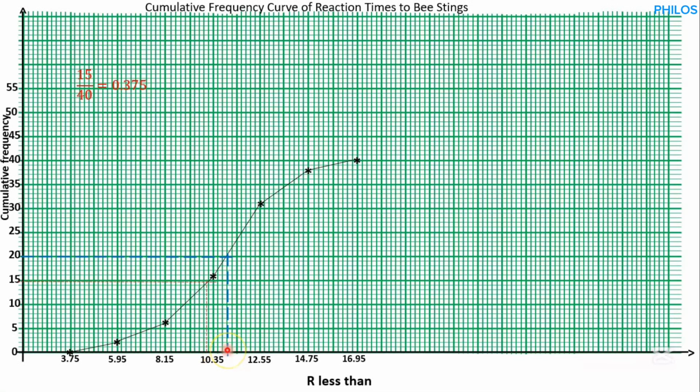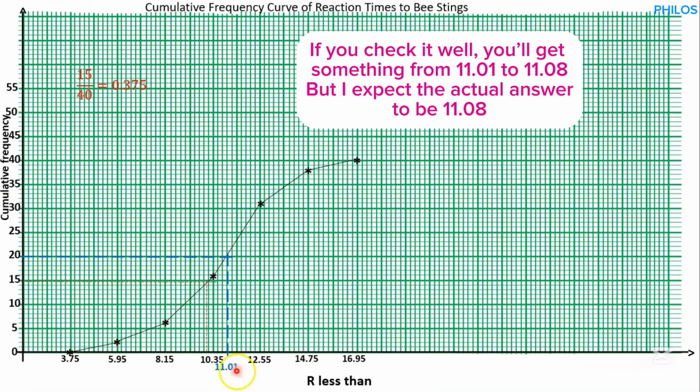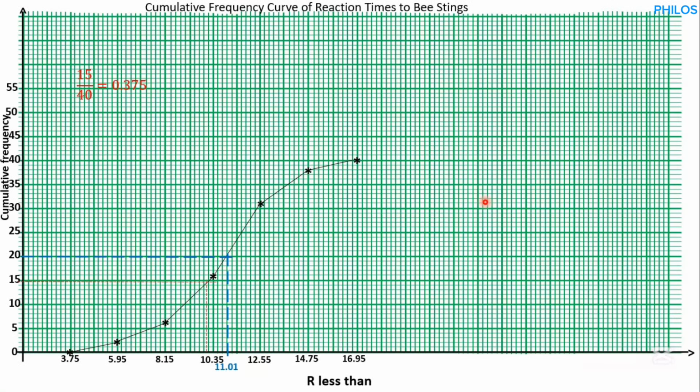So what is their width? 0.22 times 3 is 0.66. So if I add 0.66 to 10.35, I'll get what this place will be. That will be 11.01. So the median reaction time is 11.01. Okay. We'll be solving more questions as time goes on.